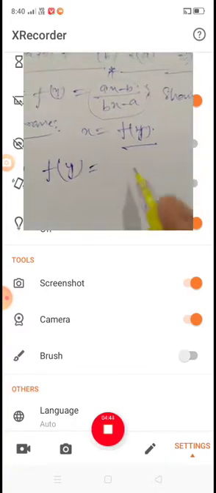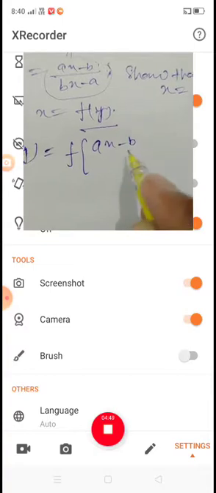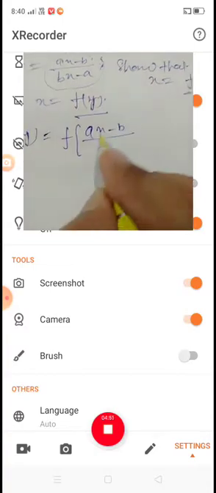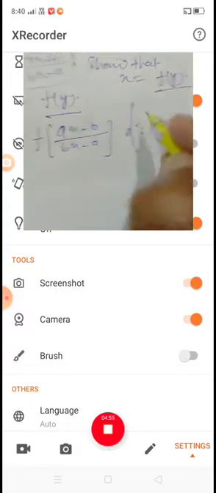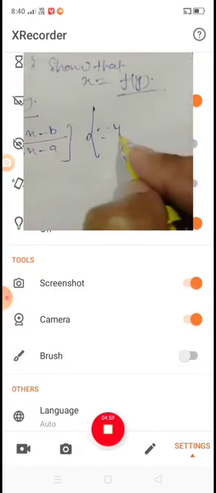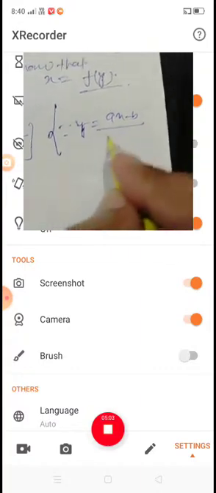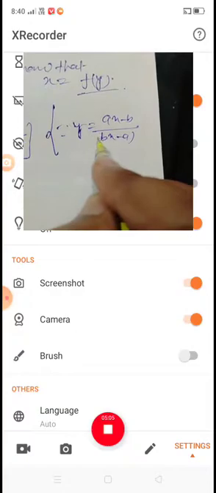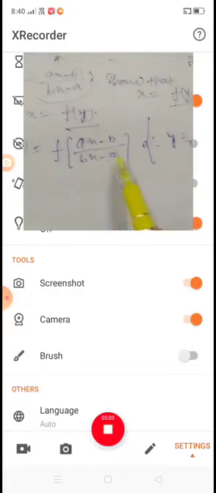So in f of y we write (ax minus b) upon (bx minus a), since y is equal to that.